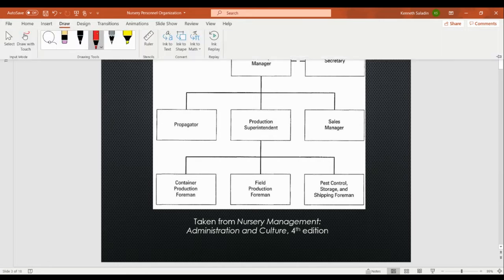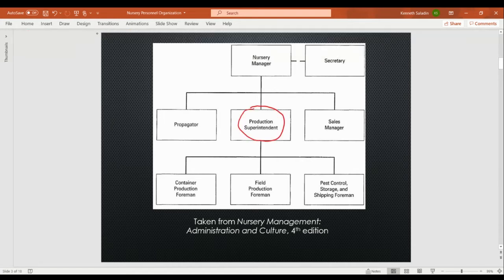All right, the other manager that we see listed right here is the production superintendent. And this person is responsible for the production of the finished plant material. And in this particular nursery, the way that it's organized is really there's two types of production that are occurring.